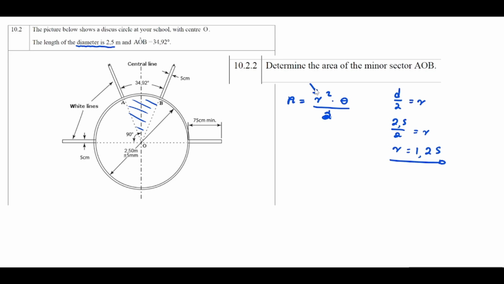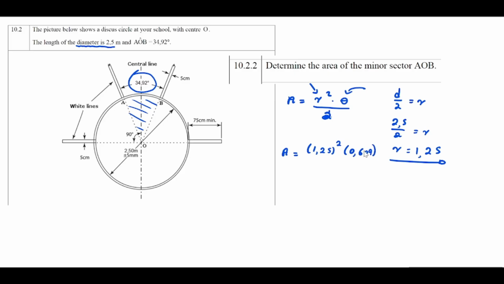And then we can go back and substitute into our formula there. So A equals the radius 1.25 to the exponent of 2. And then what is our angle here? Our angle is this one, 34.92, but not in degrees. We're going to substitute it in radians. So our substitution is going to be 0.609.